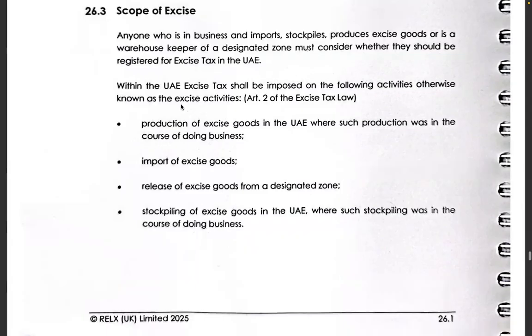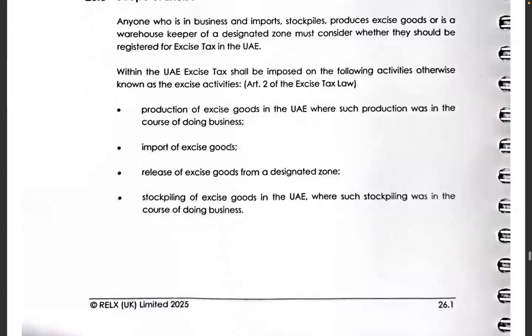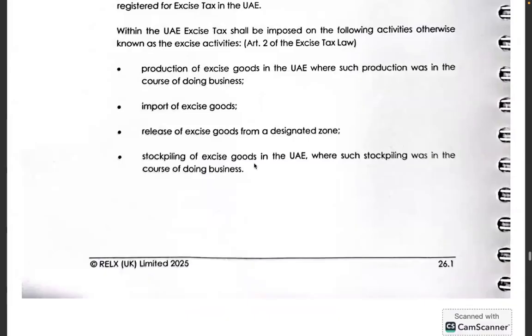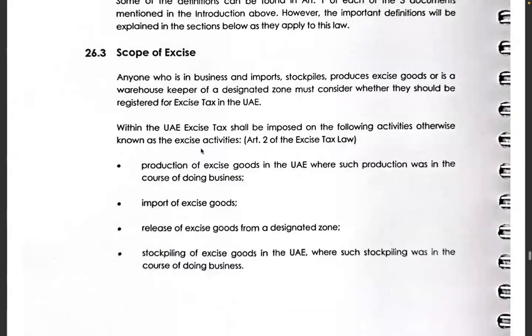So we are going to talk a little bit about excise activities, which are production of excise goods in the UAE, where such production was in the course of doing business, import of excise goods, the release of excise goods from a designated zone, stockpiling of excise goods in the UAE, where such stockpiling was in the course of doing business. So all of these activities are known as the excise activities.